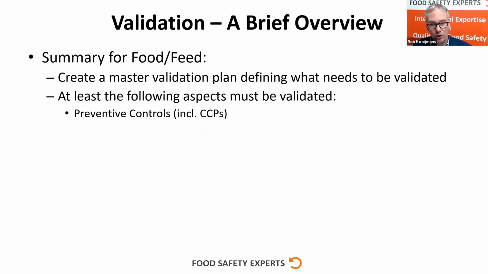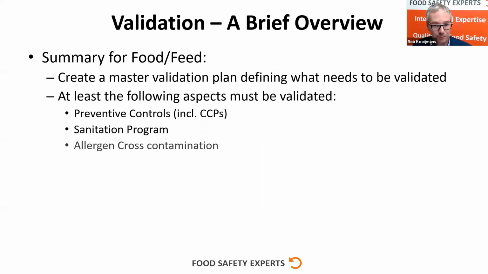That includes your CCPs, critical control points, and very often also your operational prerequisite program. Then your sanitation program. If you clean your equipment, you want to make sure it is actually properly clean and that you have done a right job.